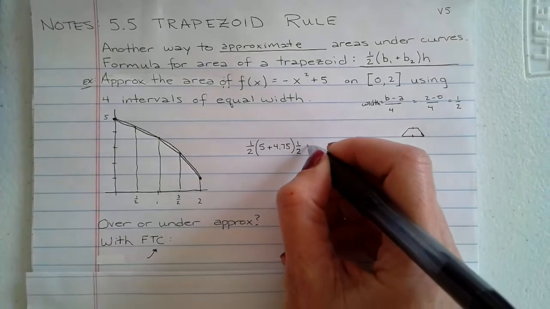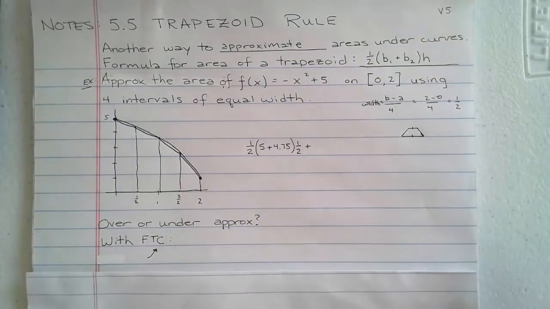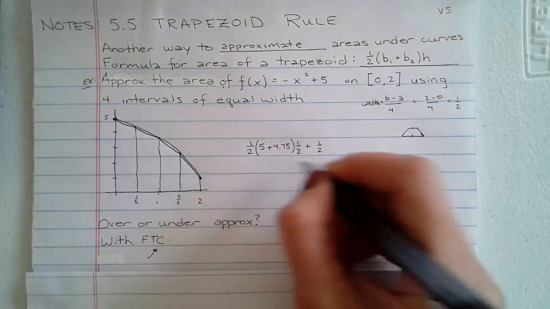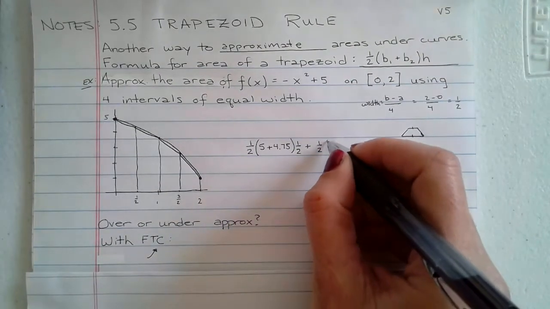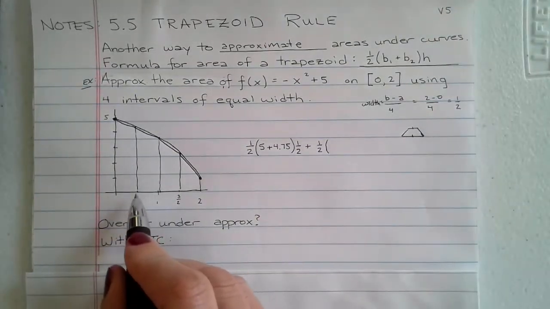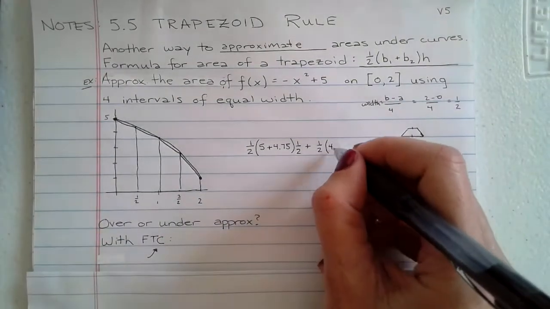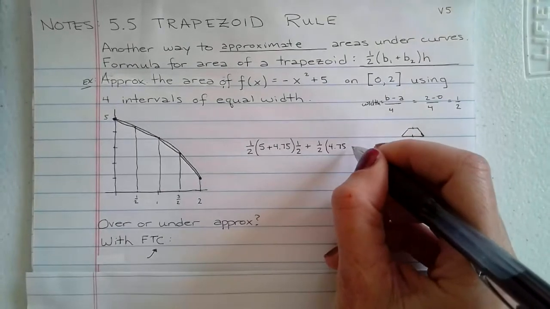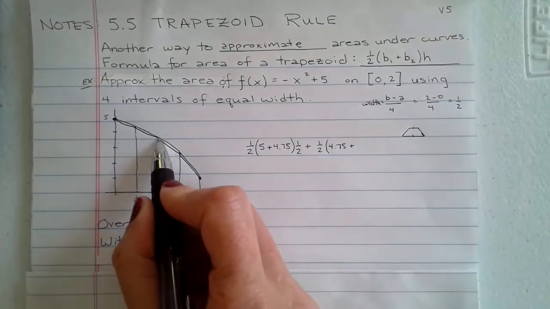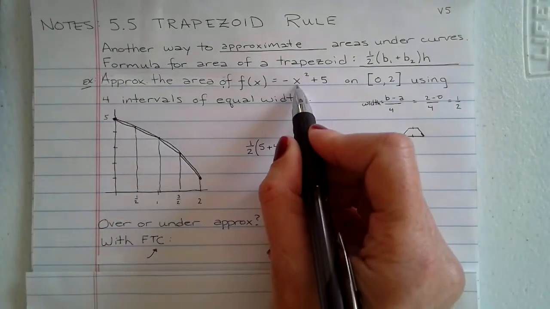And I'm just going to go ahead and do this for every single one of those. I'm going to take 1/2. It's kind of redundant, I guess, to take the halves there, but I'm going to do it this way anyway. And this one will be the sum of the bases, which this one we've already got, 4.75. And then we're going to add it to the base. When you plug in a 1, you get a 4.